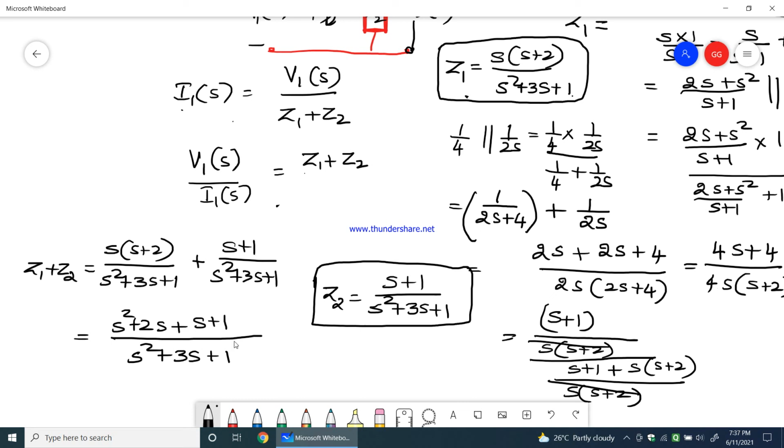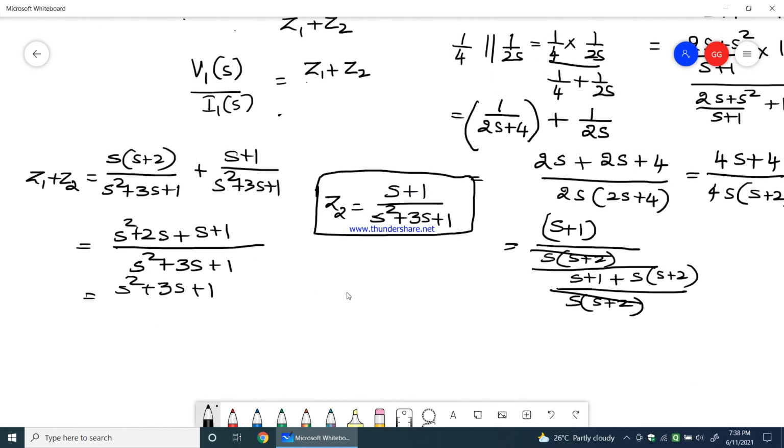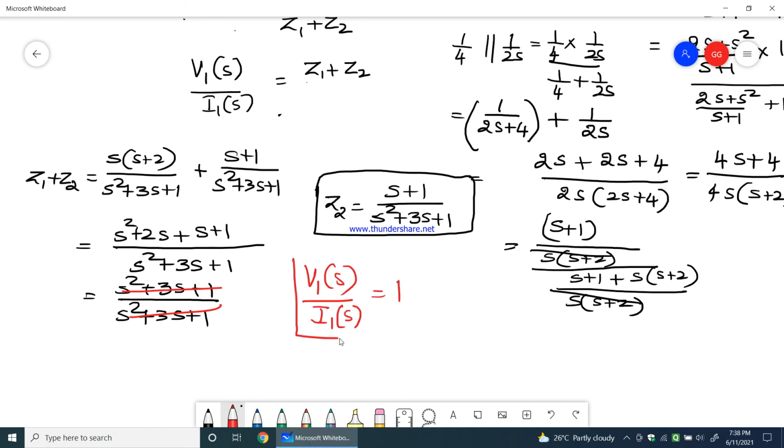That would be equal to s square plus 2s plus s is 3s plus 1 divided by s square plus 3s plus 1. Therefore both get cancelled. Therefore V1 of s by I1 of s would be equal to 1. So this is the first transfer function which we have got for the given question.